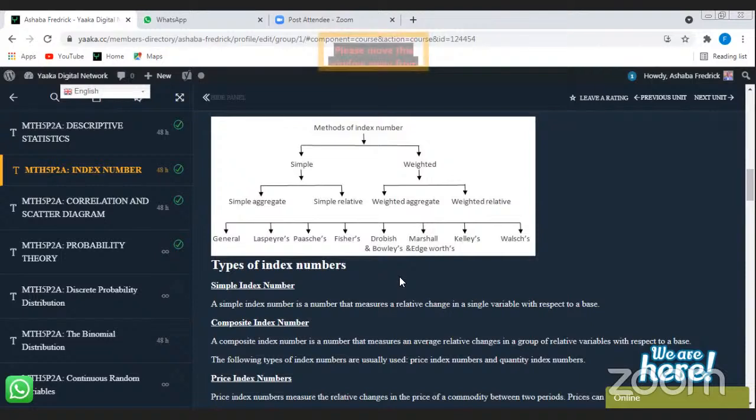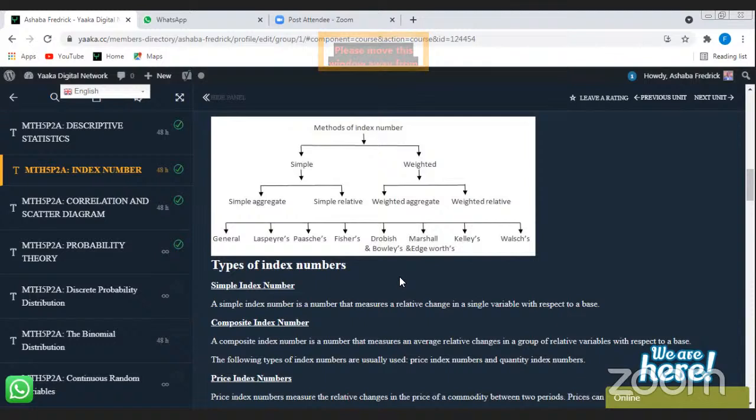So this simple index measures change in a single variable, for example, change in the price of a single item like maize, a single item like rice, a single item like wheat, and so on. So that one we call simple index.